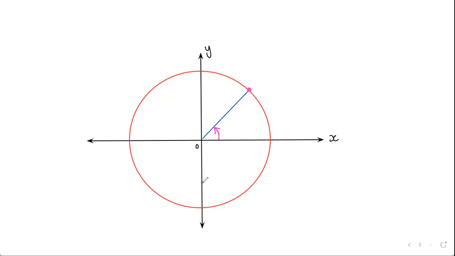Let's find a measurement of pi over 6 radians. And welcome to the world of using radians only for the angles on the unit circle. Pi over 6 radians is equivalent to how much in degrees? 30. How do you find it? Keep in mind, pi represents 180. 180 divided by 6 becomes 30 degrees.